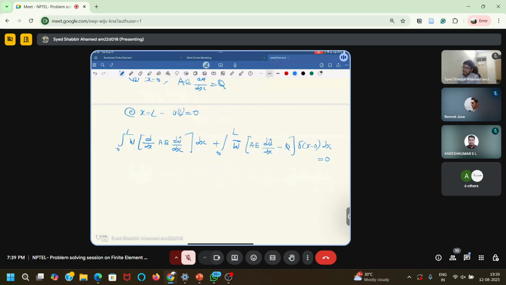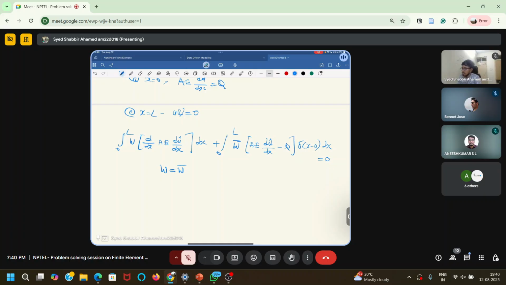So now if I do the integration by parts again here, I will finally end up with this, and also I will assume w is equals to w bar. We can do that. There is no problem.